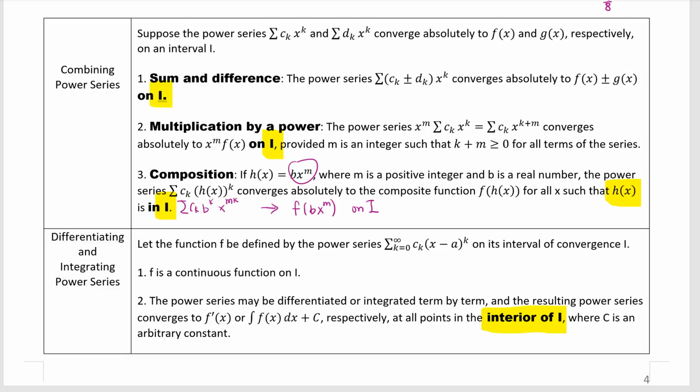But at the endpoints of I, we don't know, so sometimes we need to check the endpoints. Here, C is the arbitrary constant, so this gives one of the antiderivatives. So when we differentiate and integrate the power series, we guarantee convergence in the interior points of the original interval of convergence, but at the endpoints we need to check. Okay, so keep those in mind.